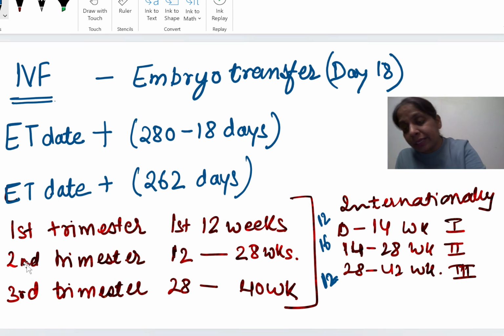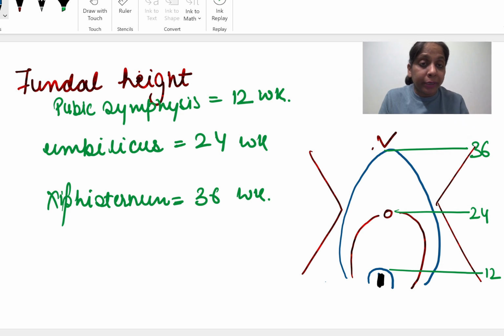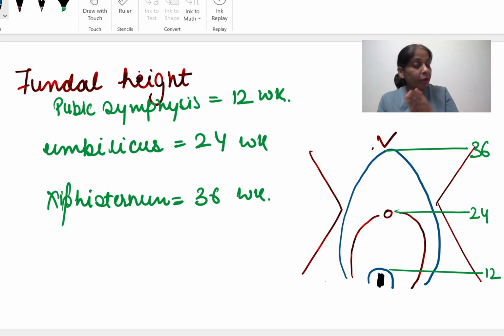Now let's move to the next slide. Here it is about how to calculate the fundal height from per abdomen examination. We all know the rule of 12. When the fundus is at the pubic symphysis, it is 12 weeks.